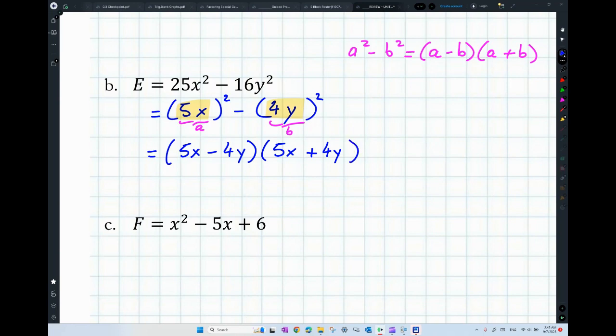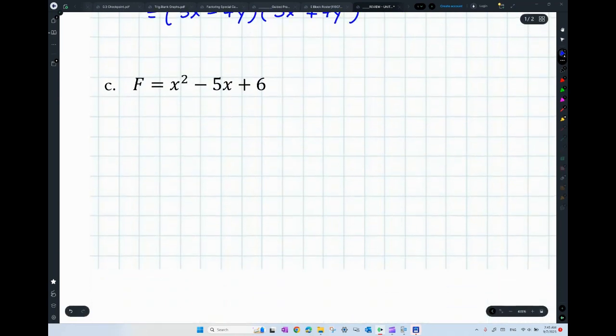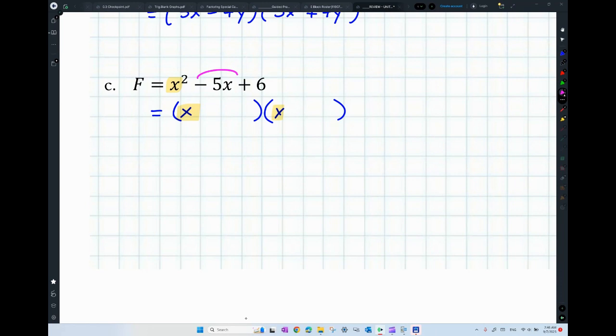For c, this is actually very simple. So I have x times x to get x squared. And I just need still to find those two numbers. You can still go through the diamond method or break down this middle term here.